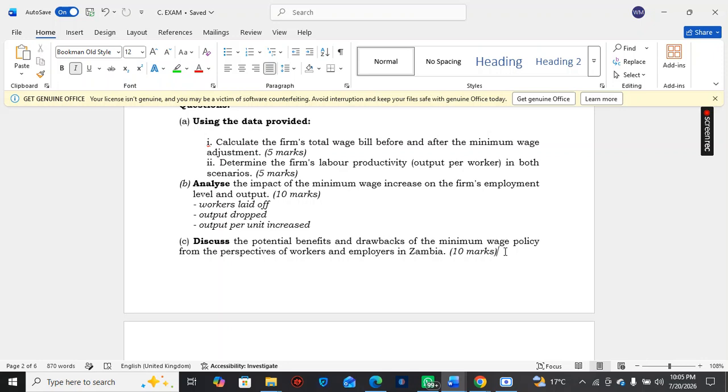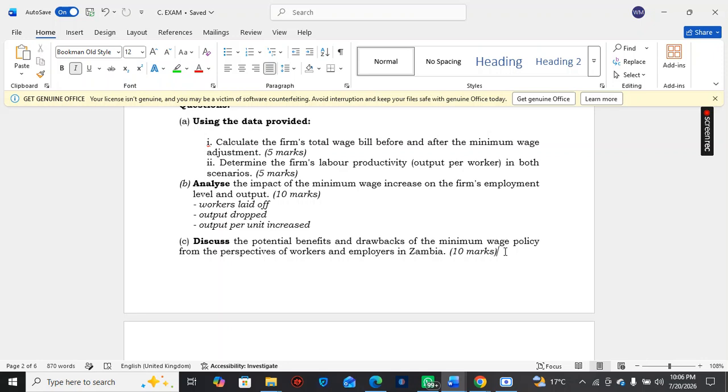Even those who got laid off never enjoyed the salary increment. They just had it worse. So the benefit is basically to the 7 workers that stayed, the salary increased. To the 3 workers that were cut off, the disadvantage is they were unemployed.